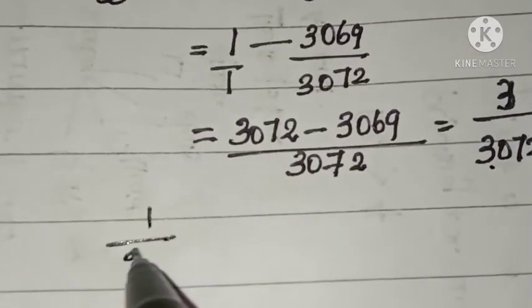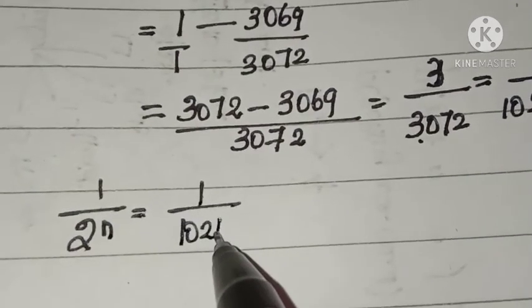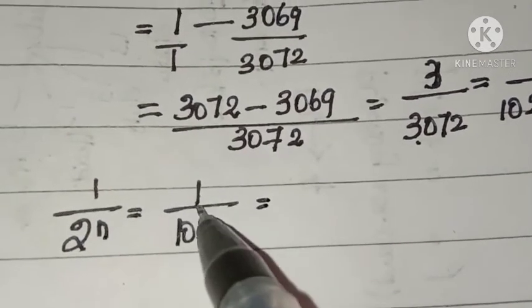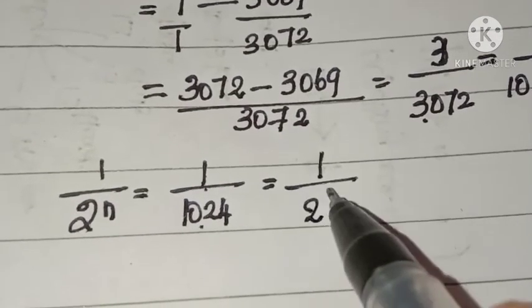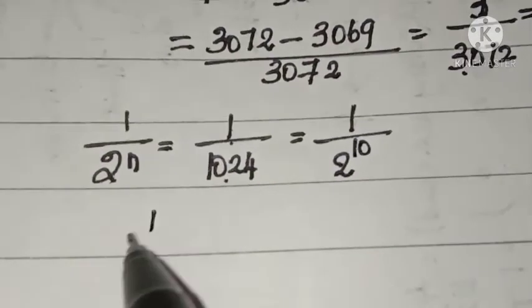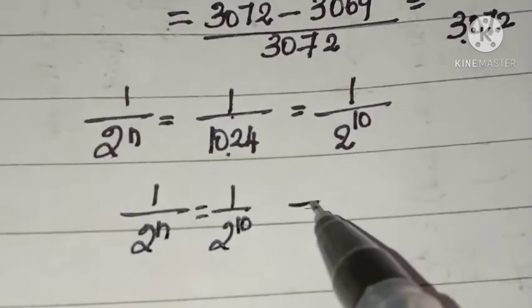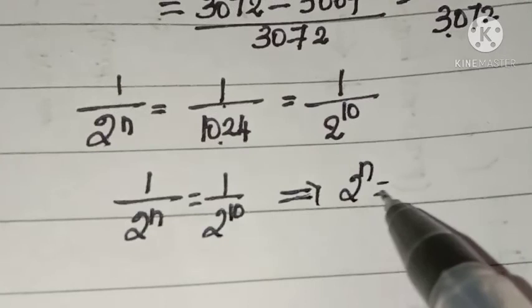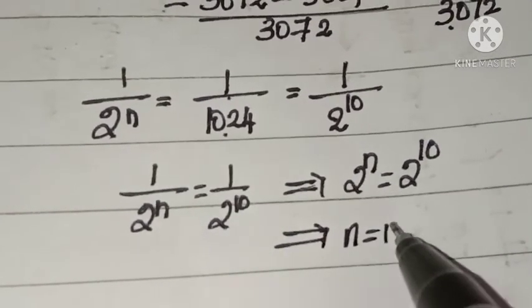The left side is 1 by 2 raised to n. The right side is 1 by 1024. Now listen, this 1024 is a power of 2, the 10th power of 2. So 1 by 2 raised to n equal to 1 by 2 raised to 10, or 2 raised to n equal to 2 raised to 10. That implies n equal to 10.